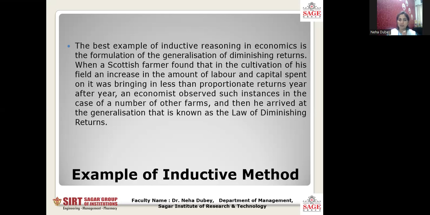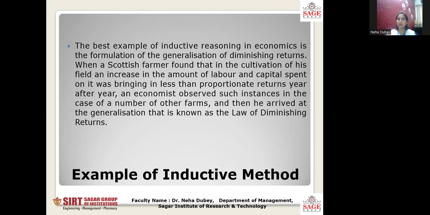First, the inductive method, we have said that it is an ascending process. In descending, what we have done is moving from the generalized to the specific one. And here we are moving from the specific to generalized or the universal solutions.